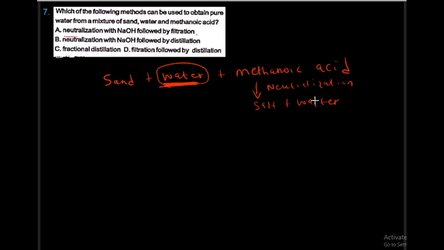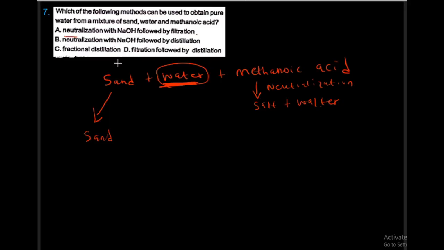They now said followed by filtration. Filtration is going to take out sand, and we will now be left with salt and water. We want to get pure water from this mixture, so it does not work.